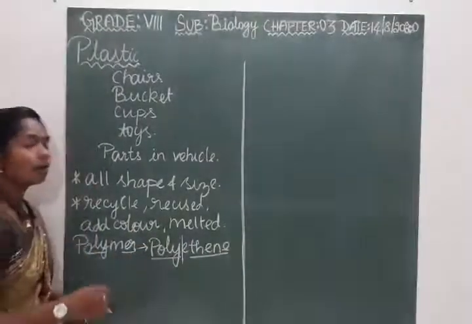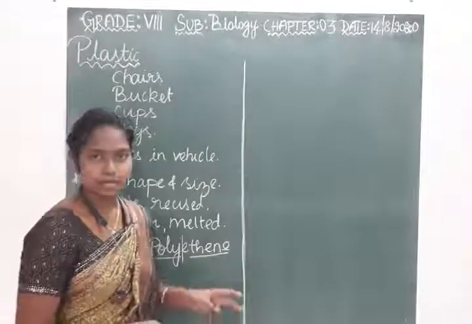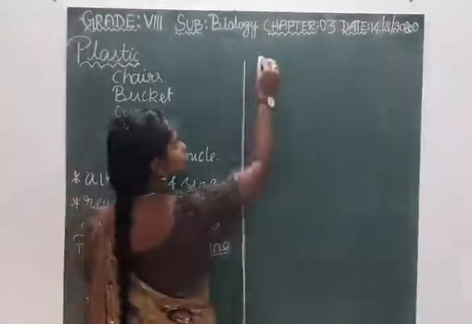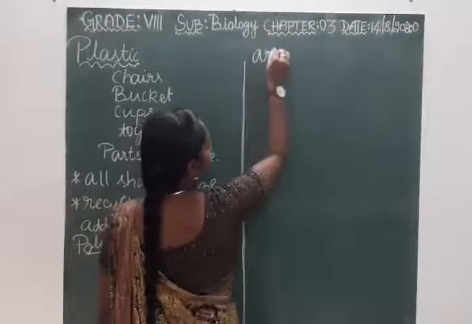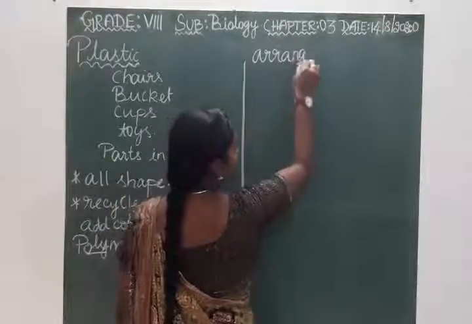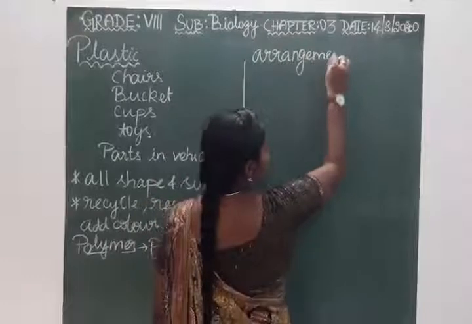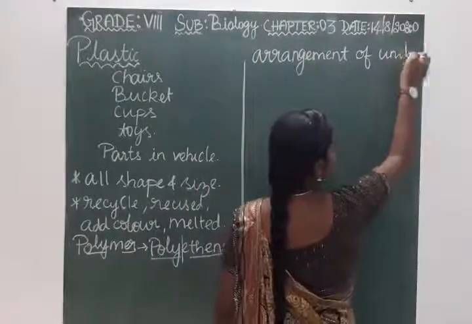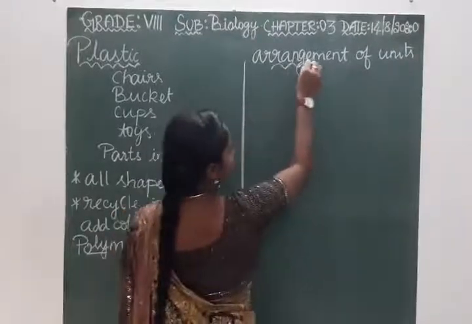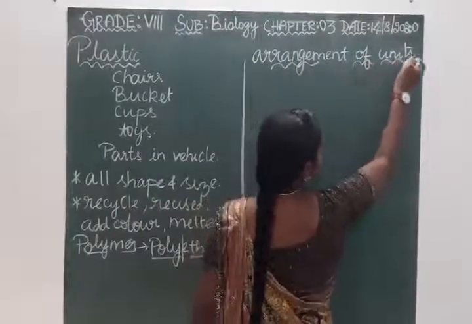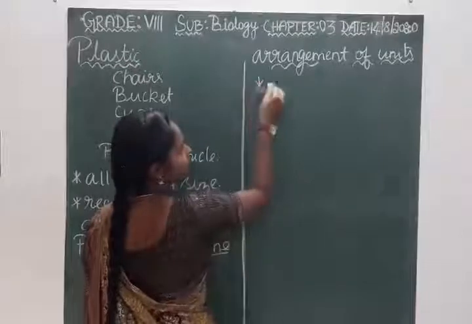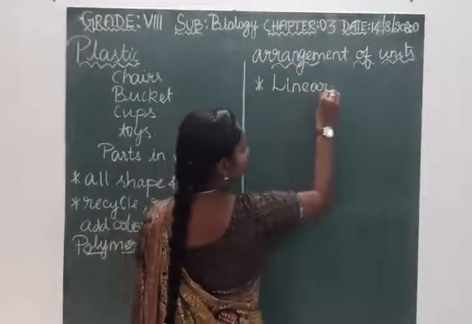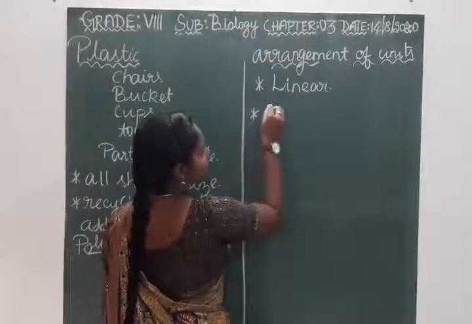Okay, now we have two types of plastics based on the arrangement of the units. Based on the arrangement of units, we have two types. The first type is linear, and the second type is cross-linked.